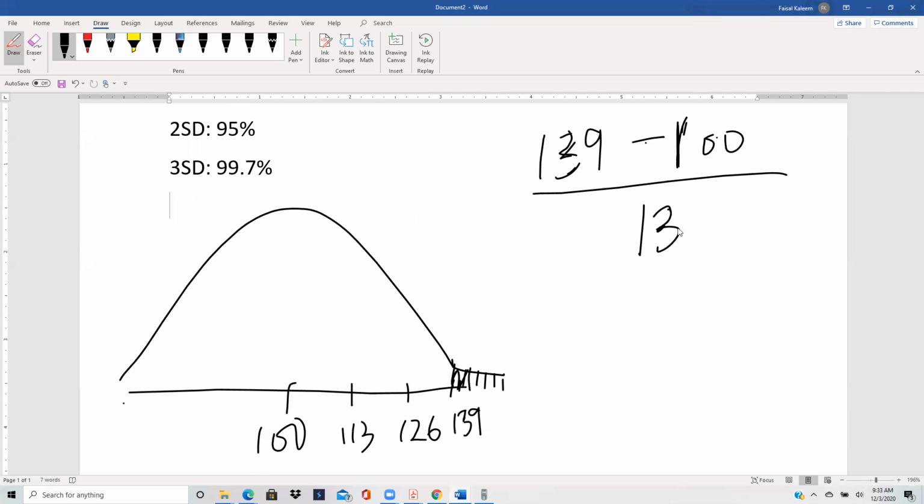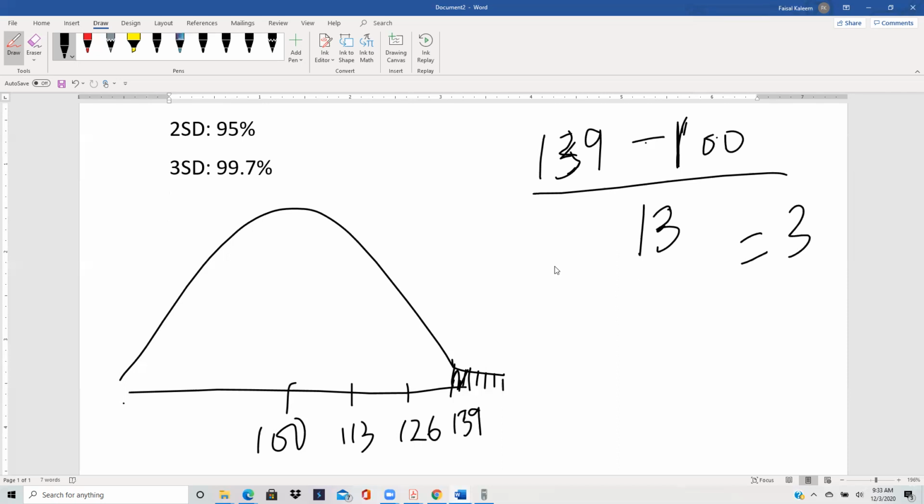Let me write this down. So it'd be 3. Yeah, so that tells you that we are talking about 3 standard deviations.